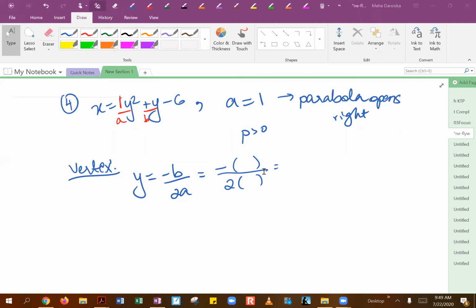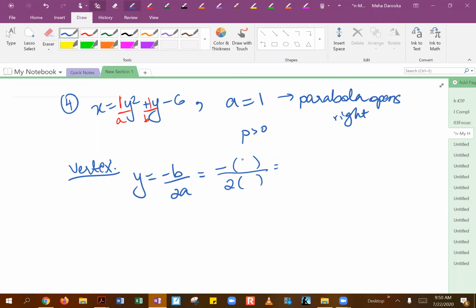Okay, Morgan, you've got -1 and +1. Okay, that's not what I came up with. Because your b value is also going to be +1.